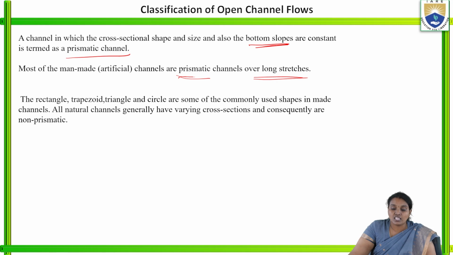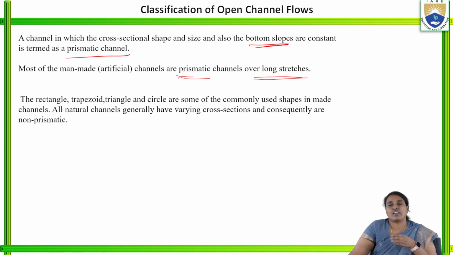So based on the shape, these are the different types: rectangular, trapezoidal, triangular and circular. Coming to the natural channels, they generally have very different types of cross sections, and consequently those are all non-prismatic channels. Natural channels like rivers.